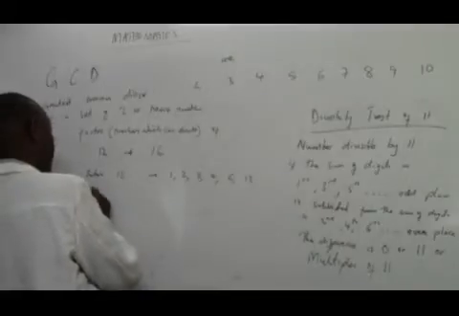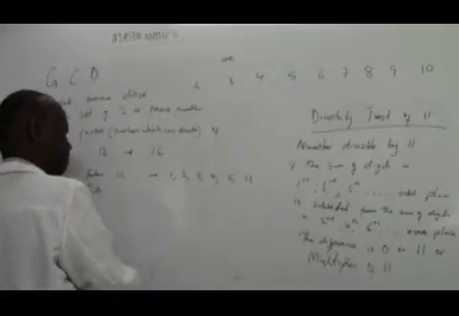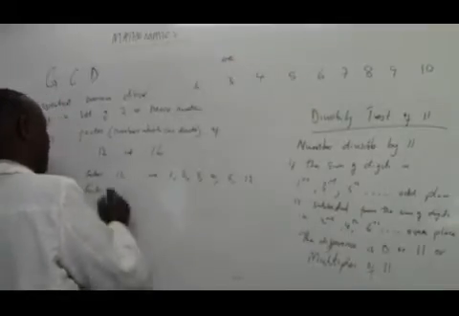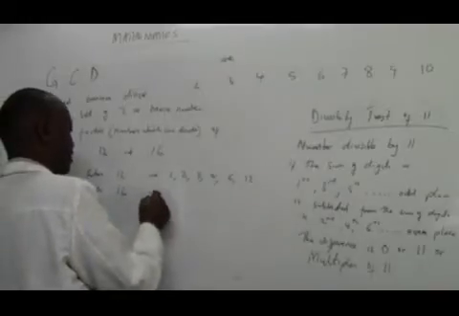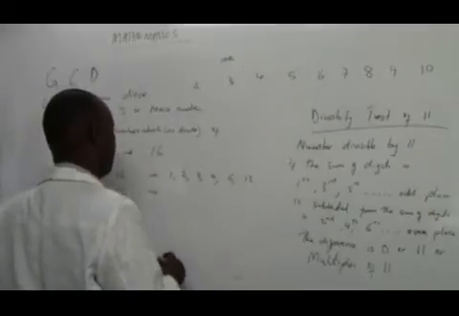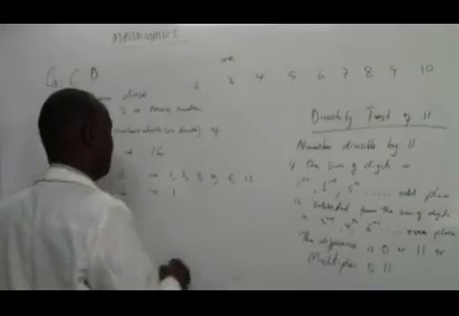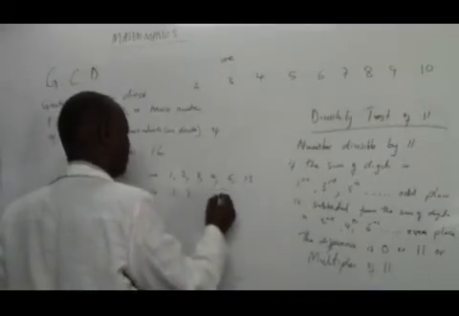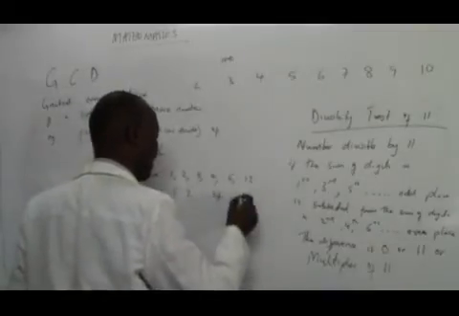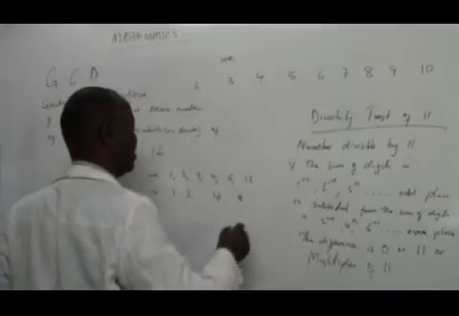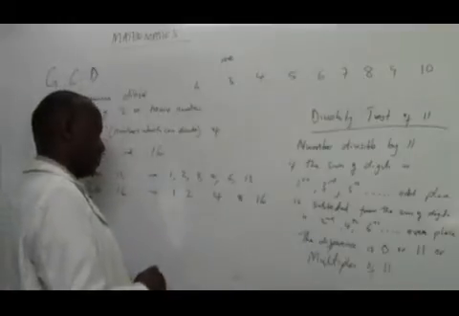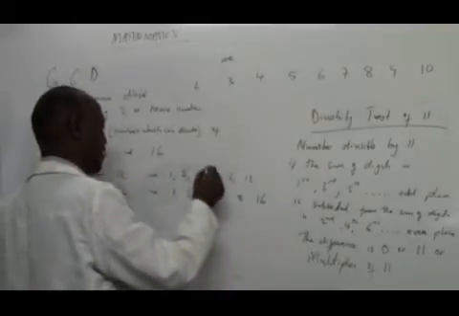If we take the factors of 16, they are 1, 2, 4, 8, and finally 16. 3 cannot divide 16. If we look at the common factors, the one that is common to both and is greatest is 4.